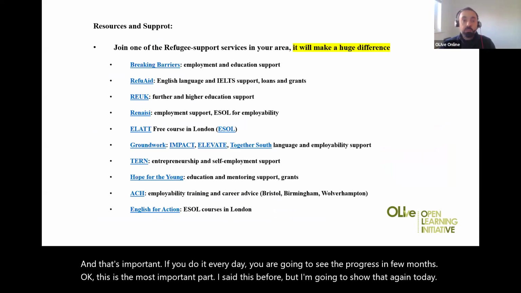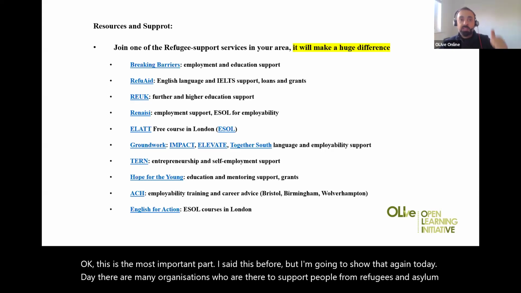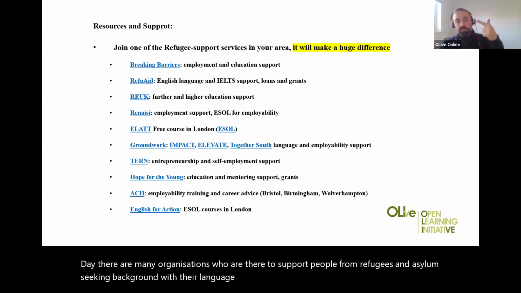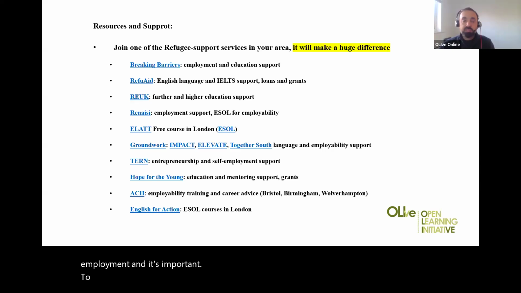Now, there are many organizations who are there to support people from refugee and asylum-seeking backgrounds with their language learning, with their education, and with their employment. And it's important to have support, because without support, life is not going to be that easy and everything is going to take more time.